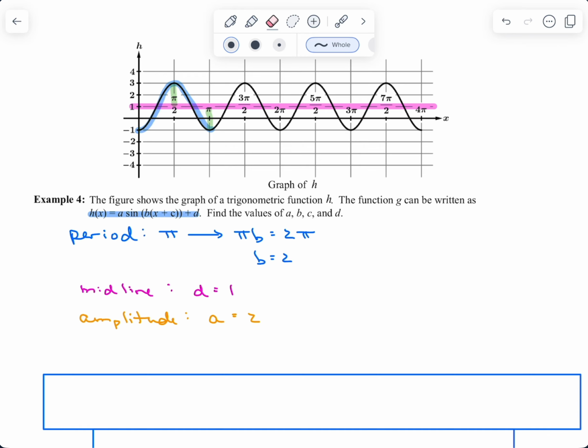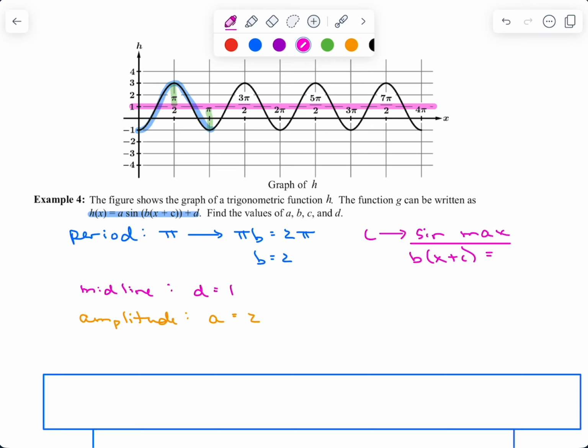Now we're going to find our phase shift, and I'm going to let you know here that this does, in fact, have a phase shift. So I had to write a sine. I'm thinking about the sine max equation, and I know that I'm going to use everything inside the parentheses.